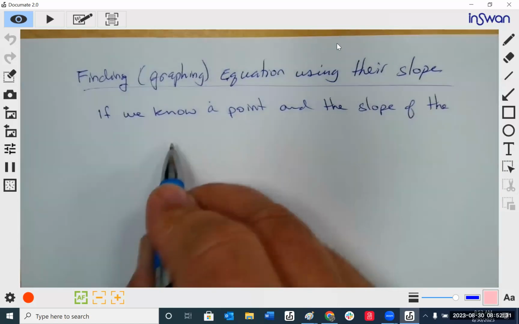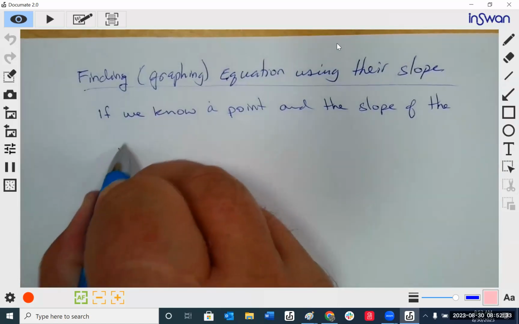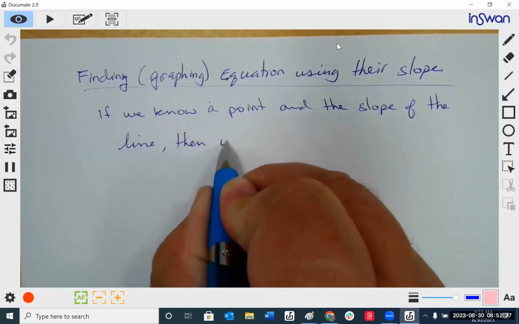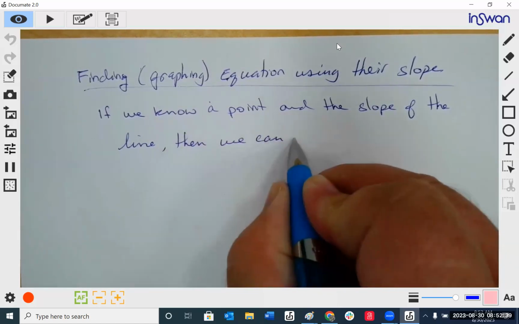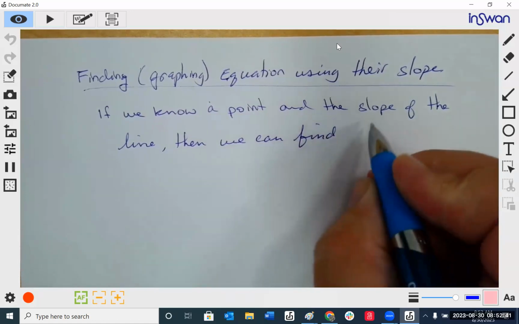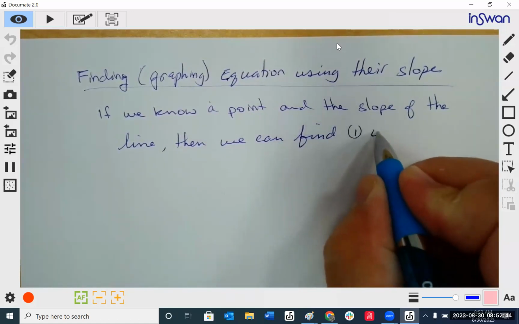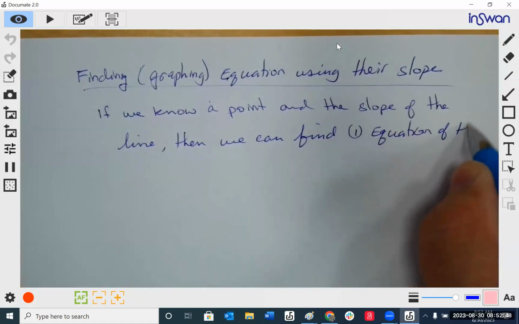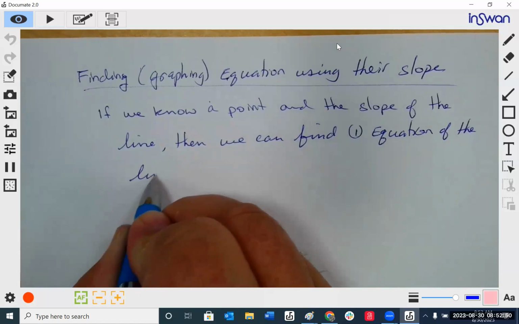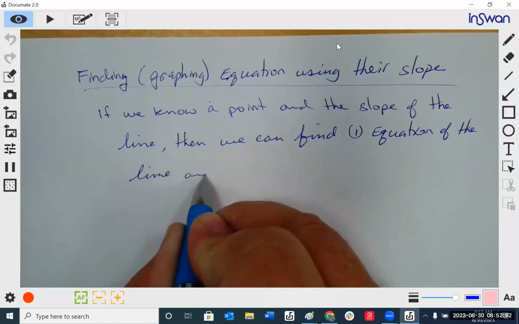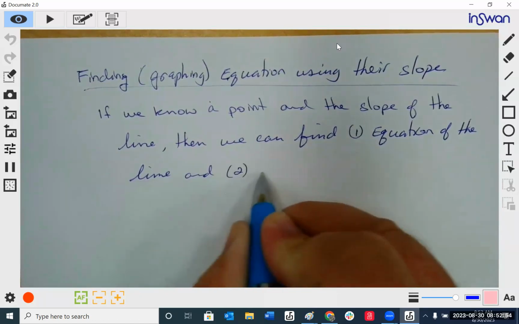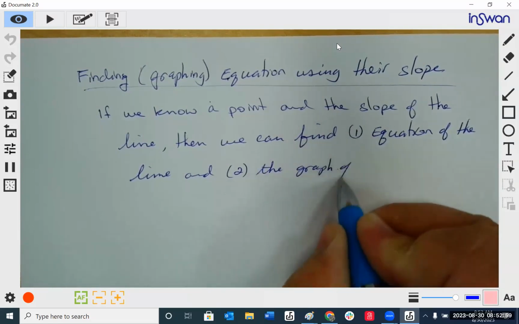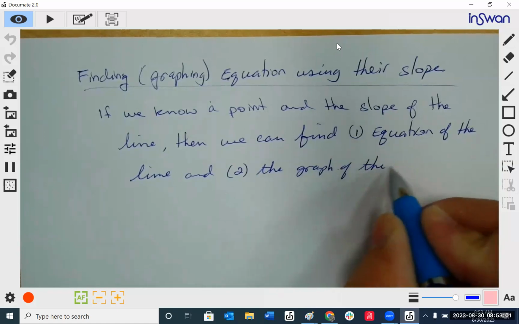If we know a point and the slope of the line, then we could find the equation of the line and the graph of the equation.